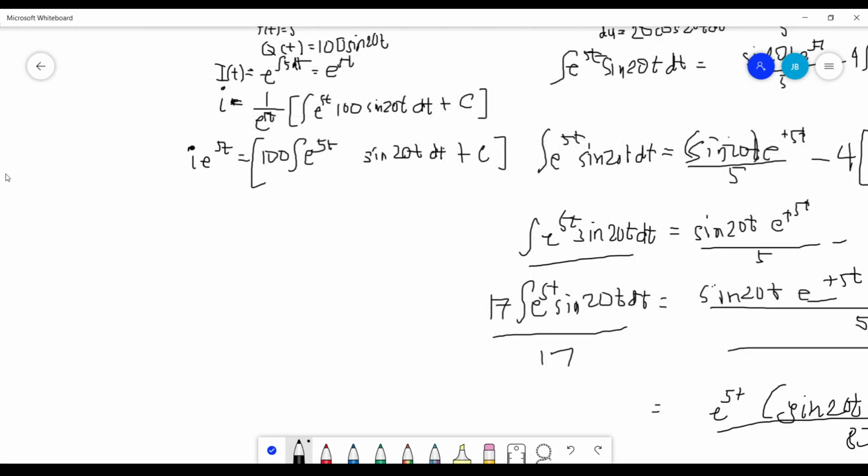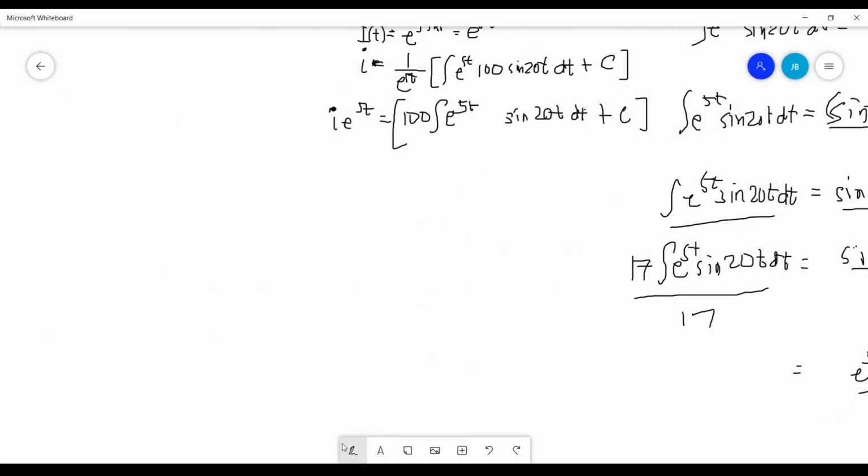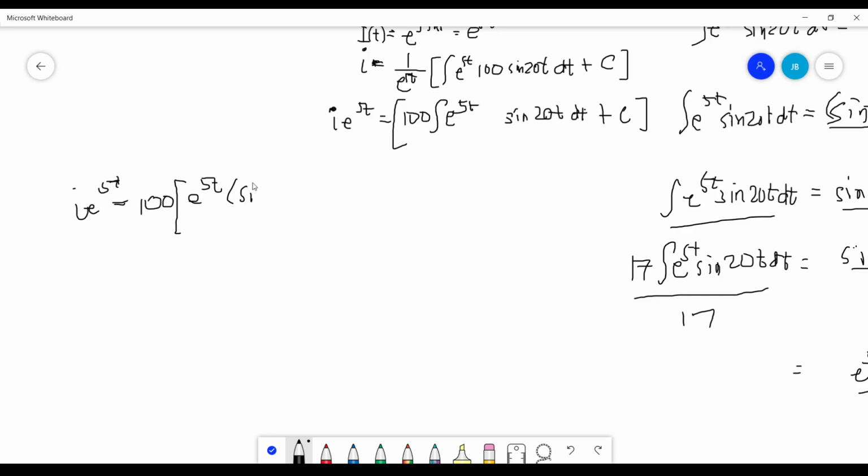I e^5t is equal to 100 times the integral of that one, which is e^5t times sine 20t minus 4 cosine 20t all over 85.